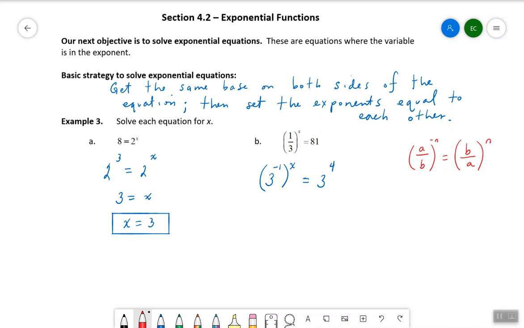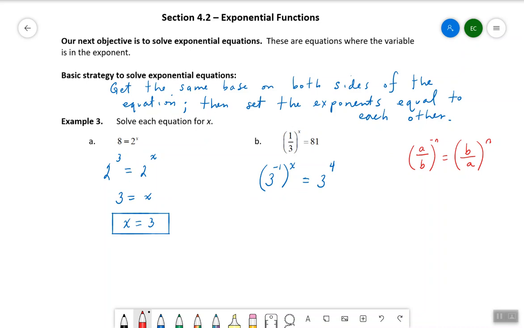And so what that tells us is that we can turn 1/3 into 3. That's the reciprocal. That's switching numerator and denominator in the base. Instead of a over b, we have b over a. And then the only thing we have to do with the exponent to make that work is just change the sign on the exponent. So here inside the parentheses, we have 1/3 to the 1st power. So that's the same as 3 over 1 to the -1st power.